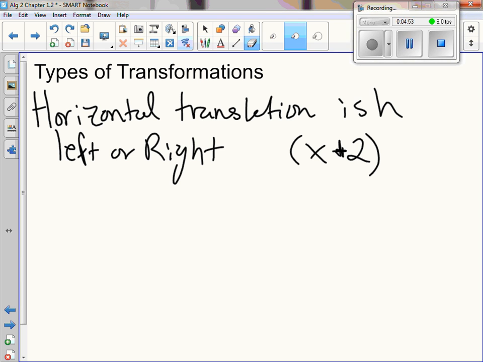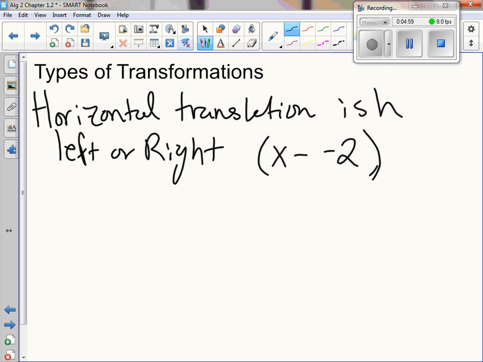When it is positive inside the parentheses, it's really the same as saying x minus negative 2, because a negative and a negative make a positive, so it moves to the left. So what's inside the parentheses, or inside the absolute value, is a little misleading. So a horizontal translation moves us left or right. It's the value of h.